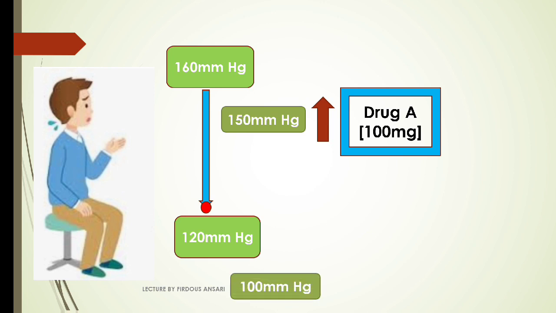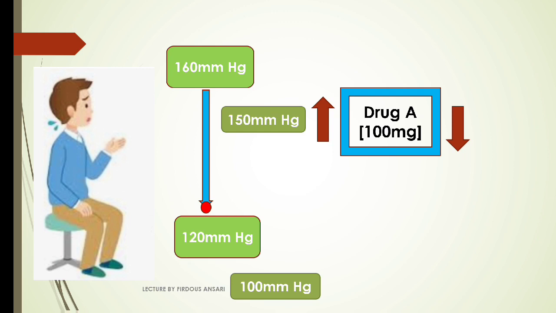In this case, the doctor will obviously reduce the dose of the drug. So we can monitor the dosing of the drug depending upon the response of the blood pressure produced. This is very simple. If blood pressure is not reducing, just increase the dose of the drug.